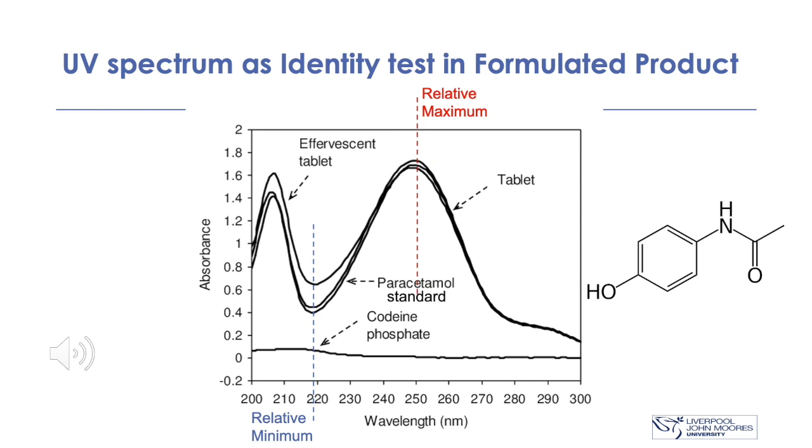The intensity might be a little bit bigger or smaller, but the maximums are perfectly aligned. So for us, the identity test in these products, in these effervescent tablets and in the regular non-effervescent tablets, would be a go. They comply, they have paracetamol.